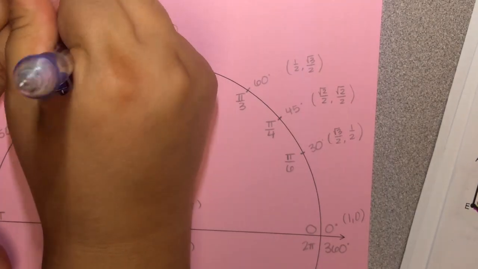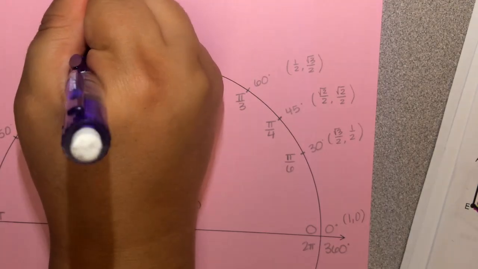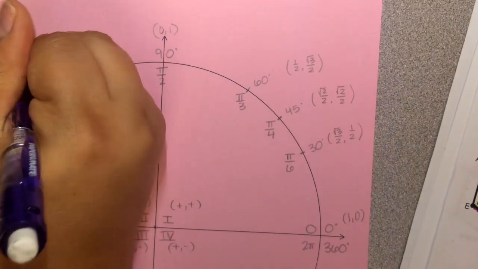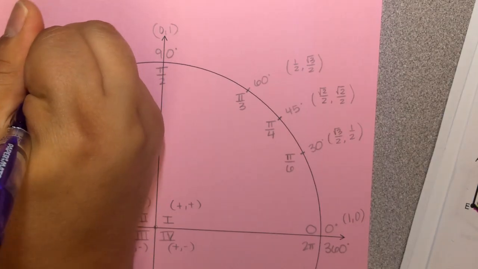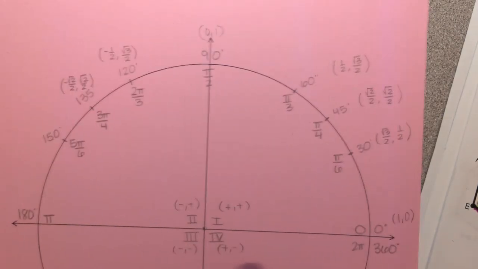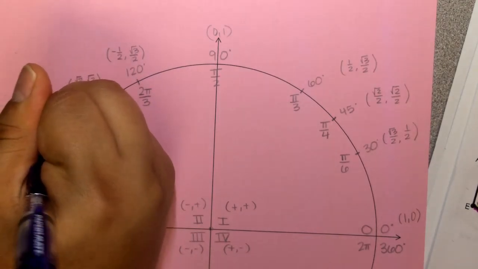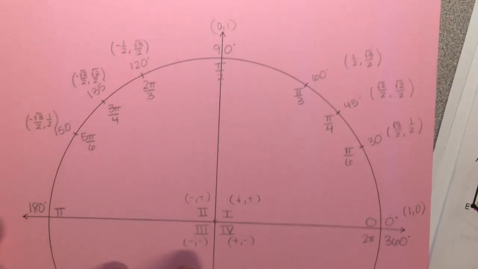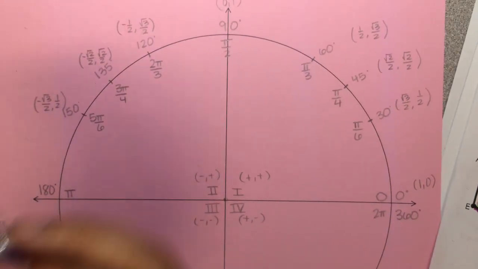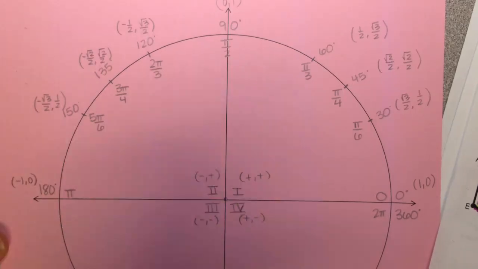Sorry, I was writing and saying the wrong thing. 135 is negative square root of 2 over 2, square root of 2 over 2. And 150 is negative square root of 3 over 2, 1/2. What's 180? Negative 1, 0.